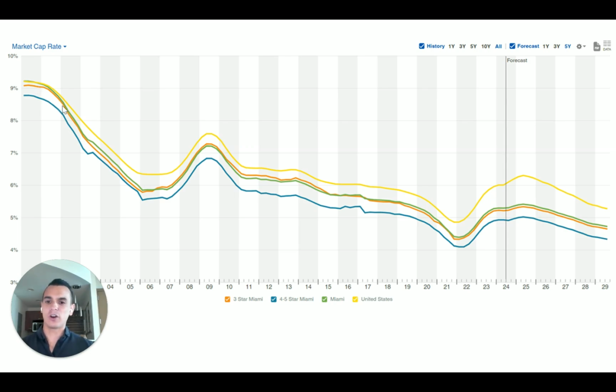As time has gone on, it's gone down and down and down, and this is a function of interest rates. Interest rates do play a factor in this, but also non-interest rate factors such as multifamily being seen as a lower risk investment profile, multifamily becoming more common, apartment buildings becoming more common.